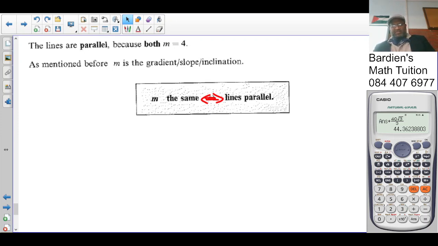There's only one exercise on this topic. So the exercise is comprehensive, so I'm going to break this up for you guys.